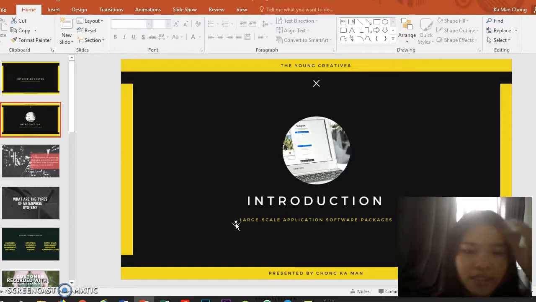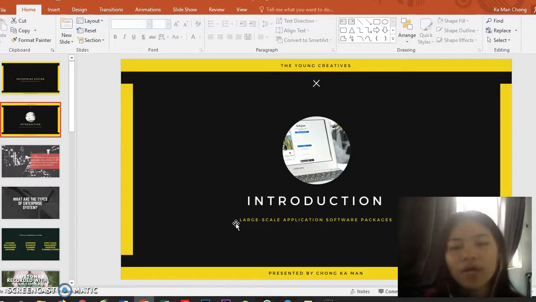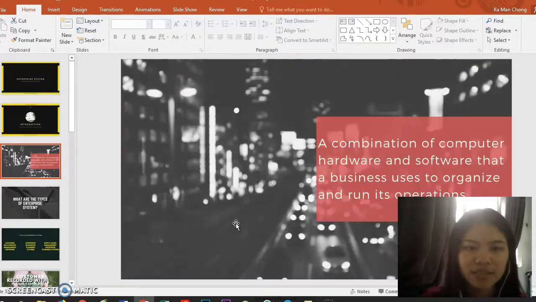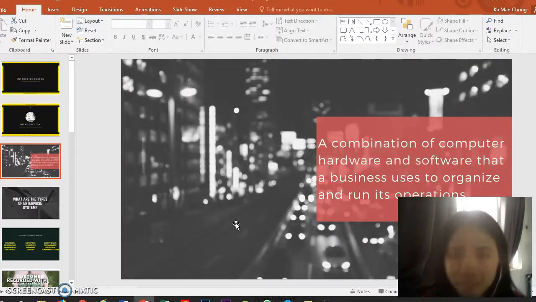While enterprise systems are generally packaged enterprise application software systems, they can also be bespoke, custom-developed systems created to support a specific organization's needs. So, in a simple sentence, enterprise system is actually a combination of computer hardware and software that a business uses to organize and run its operations.